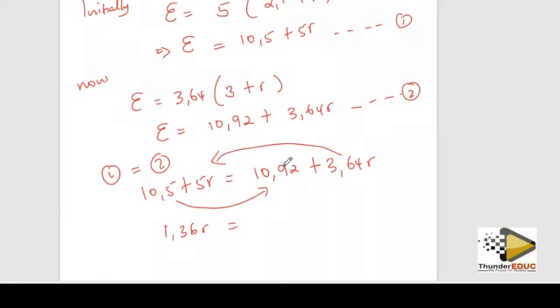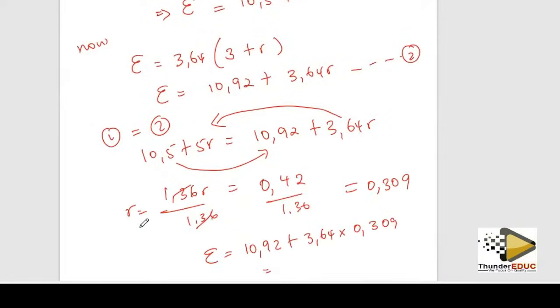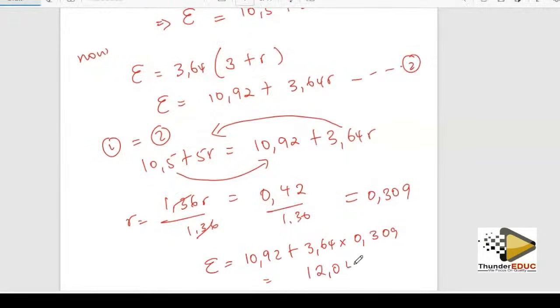And then 10.92 minus 10.5, plus 3.64 times 0.309, I'm having 12.04 volts.